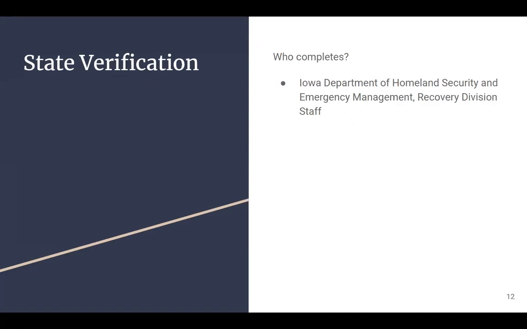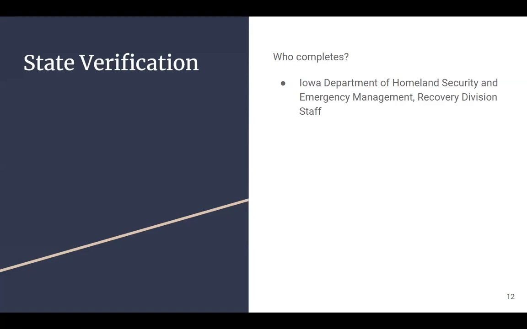If we're lacking information, or if there are some areas in which red flags are raised that we feel like FEMA would question the damage estimates or the impacts to an area, we may require a follow-up or an in-person site visit depending on the level of information that's actually provided in the local damage assessment.